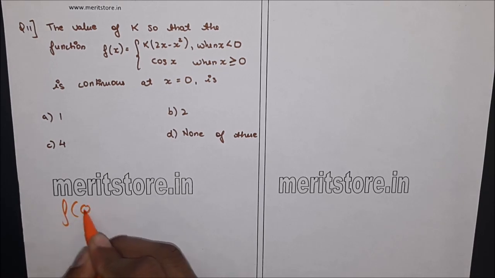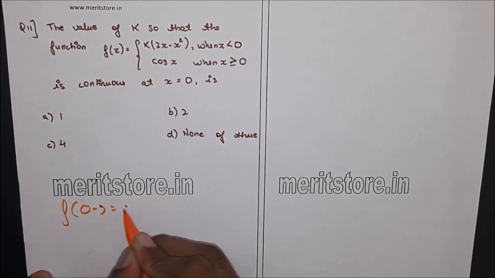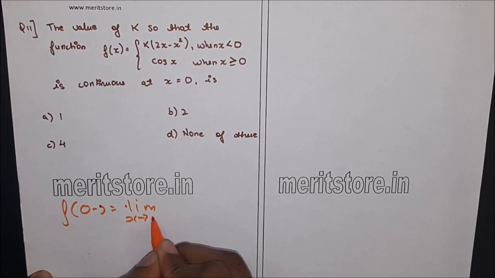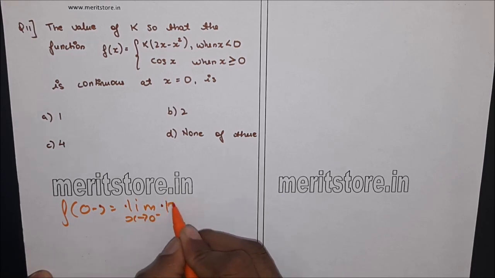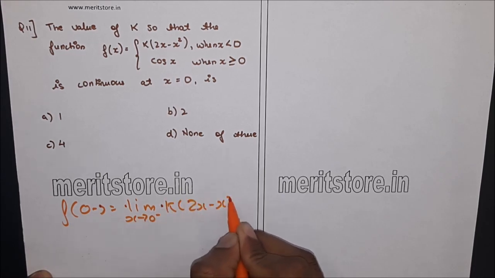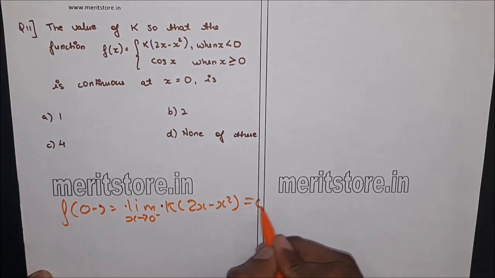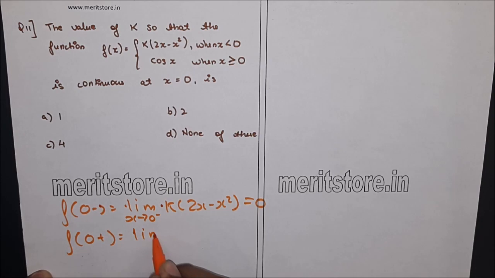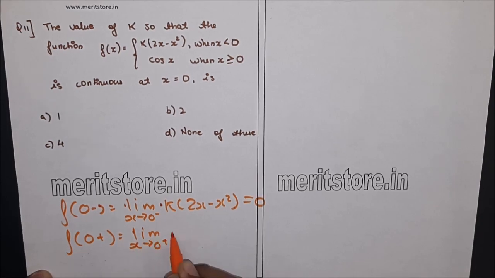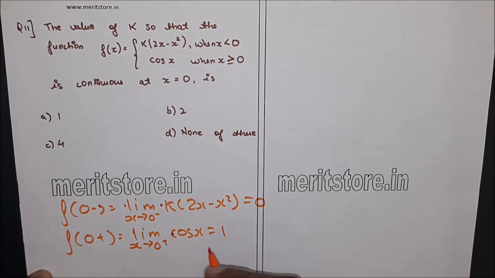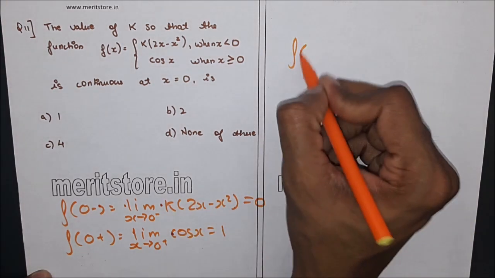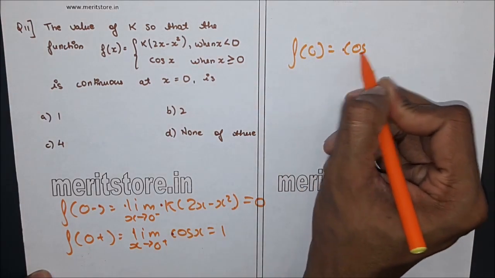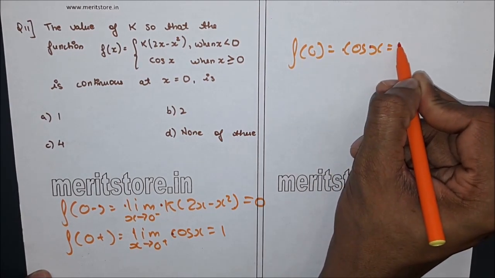f(0) from the left hand side is equal to the limit as x approaches 0 from the left hand side of k(2x - x²), which is equal to 0. Same for f(0), the limit as x tends to 0 from the right hand side, cos x, which is equal to 1. So for f(0), cos x is equal to 1.